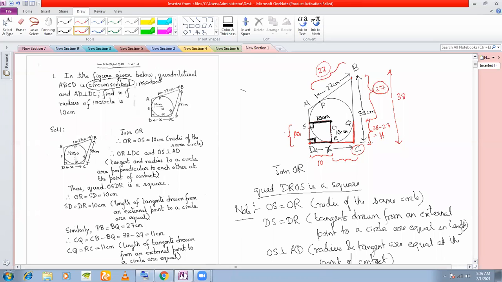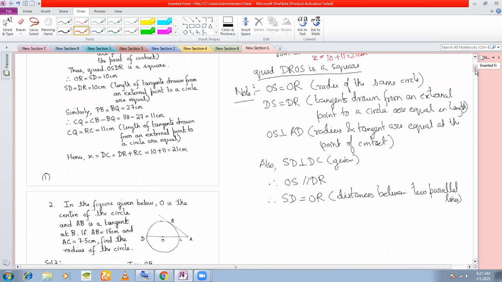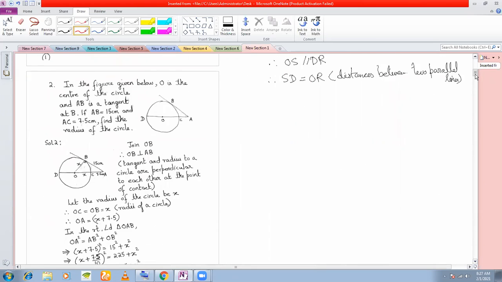So if this is 11, this must also be 11, right? So what is the total length of X? X is equal to 10 plus 11, 21. That's it. More important than writing is understanding this problem, so I'm not writing it once again. Let's move on to the next problem.